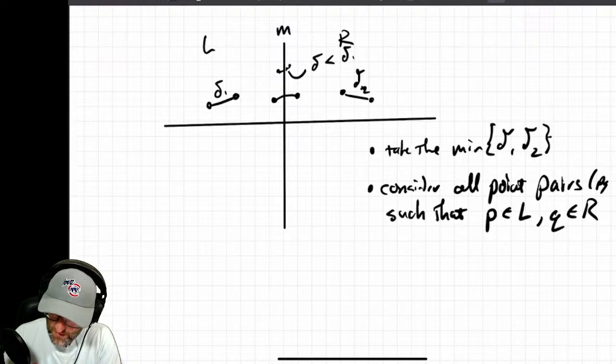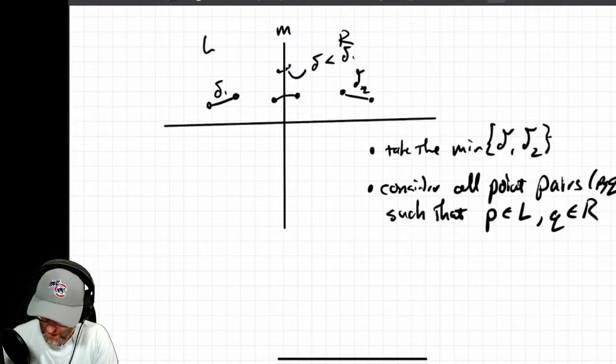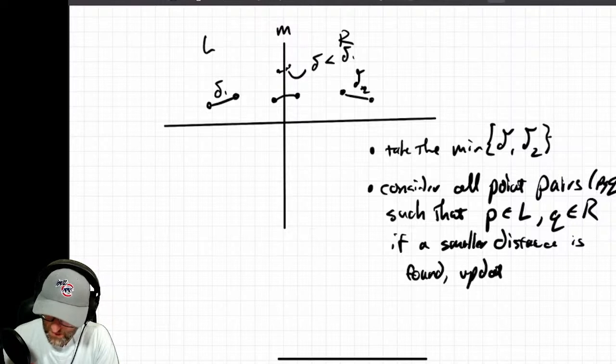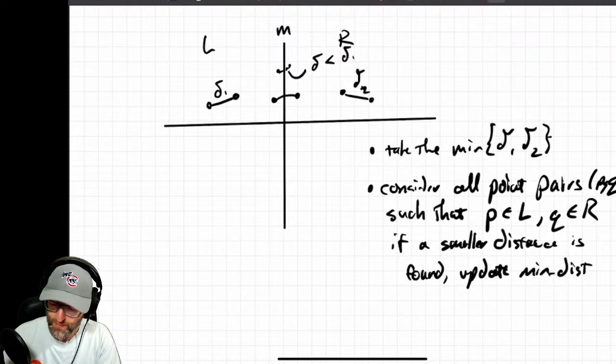So I'm considering P, Q pairs. If a smaller distance is found, update the overall minimum distance.